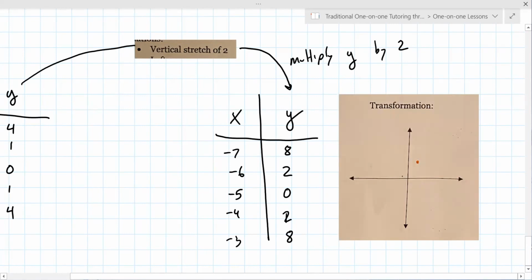So -7, so it's 1, 2, 3, 4, 5, 6, 7. 1, 2, 3, 4, 5, 6, 7, 8. So there's that first point there. That's -7, comma 8. Okay. Then I'm just going to graph the next ordered pair, -6, comma 2.